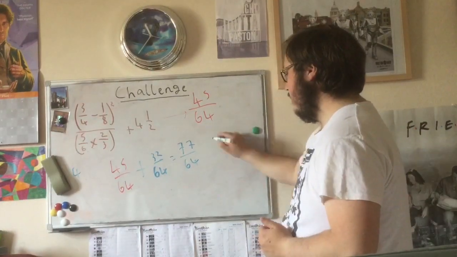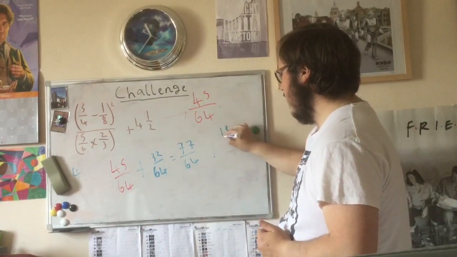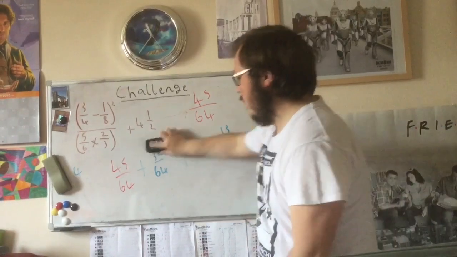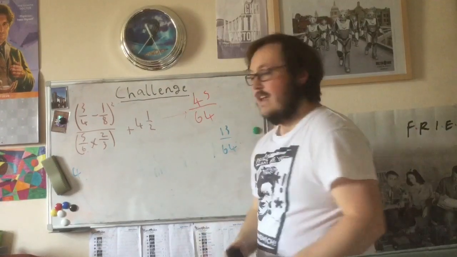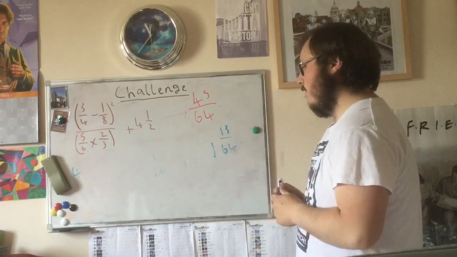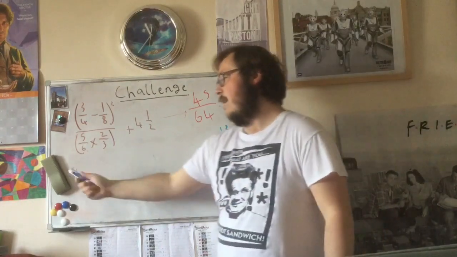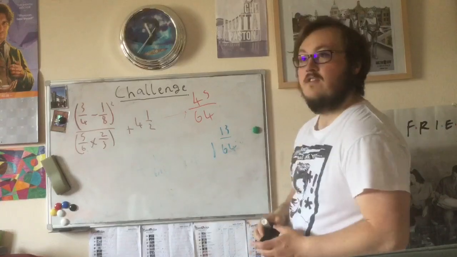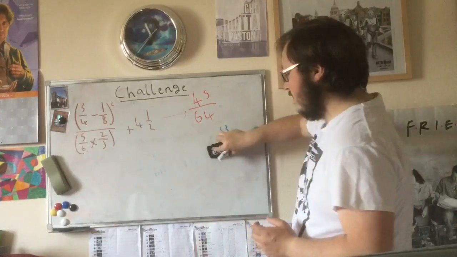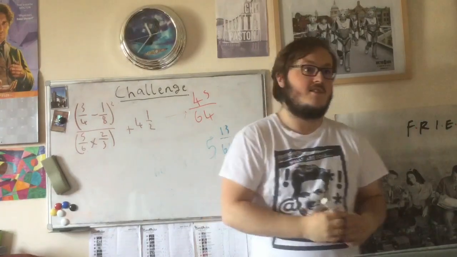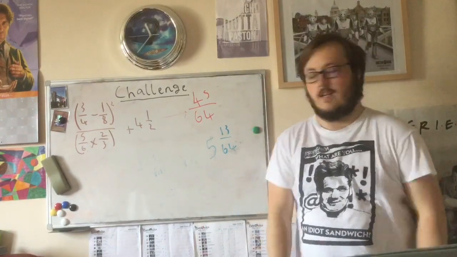So it becomes 1 and 13 over 64. You still with me? Fantastic, because there's one more thing we have left to do. So we have 1 and 13/64, and we need that 4 that we had from the beginning. We add that on, so 1 and 13/64, add 4, becomes 5 and 13 over 64. And that is the answer.